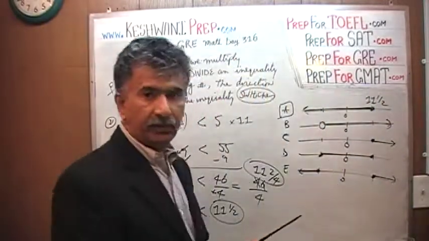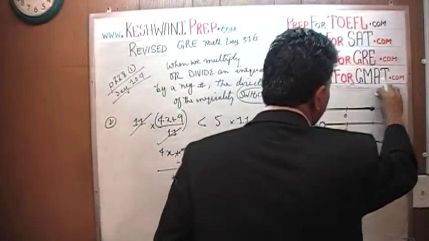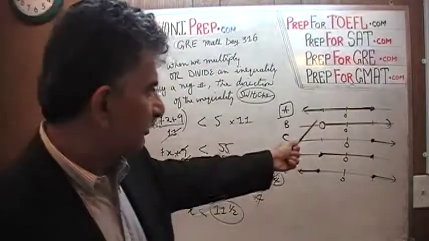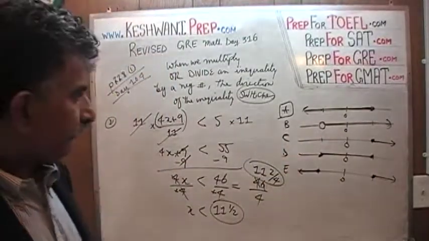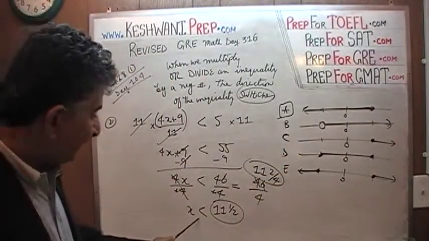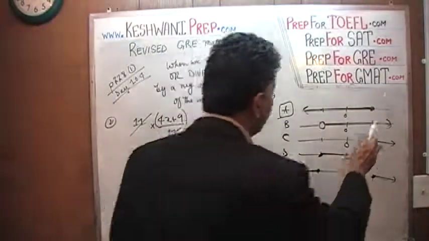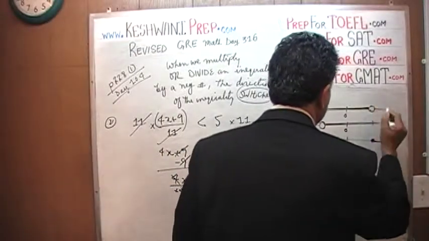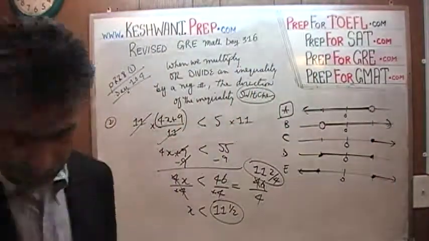Even though in the exam they will not actually put the value there. You are just asked to locate the right picture, and the right picture is A. Oh, it's less than, not less than or equal to, so this has to be an open circle.